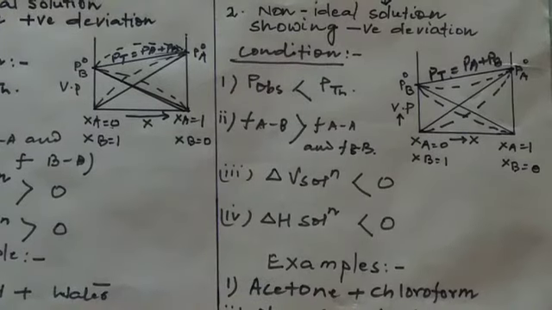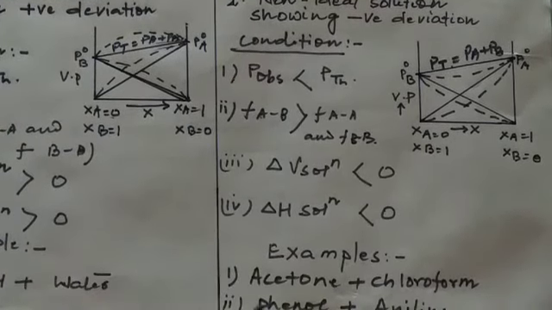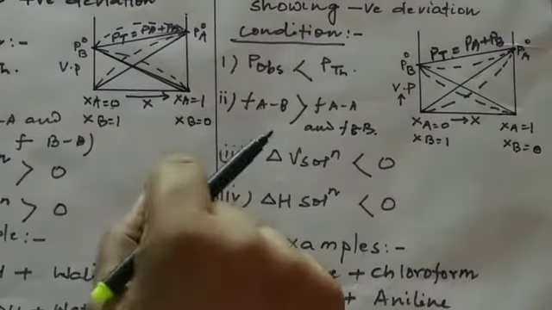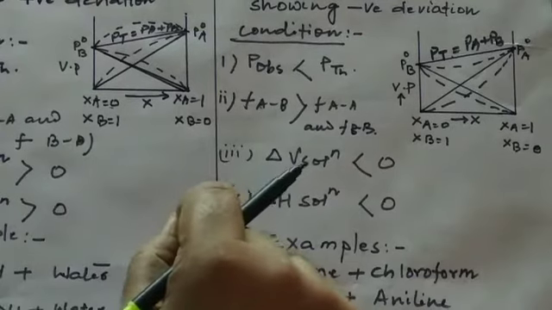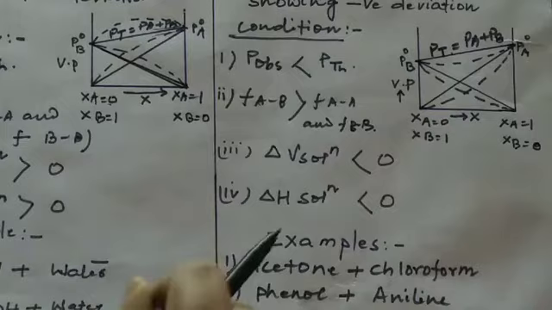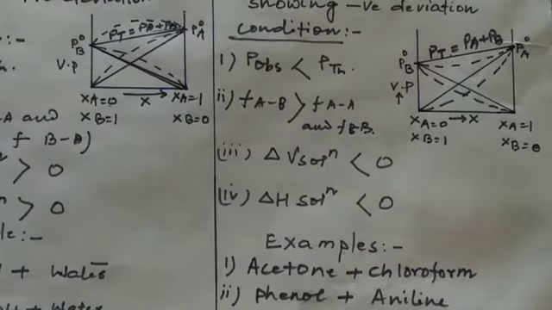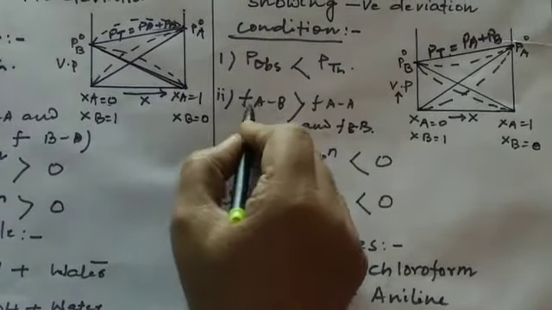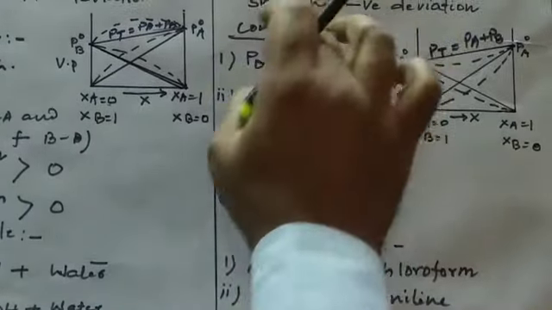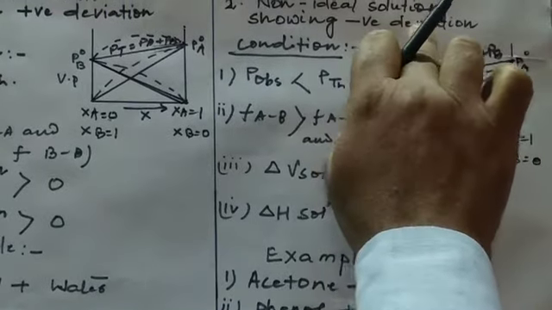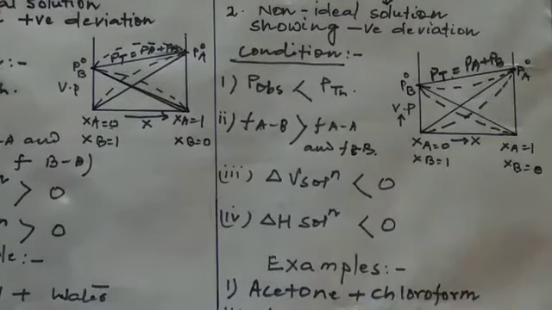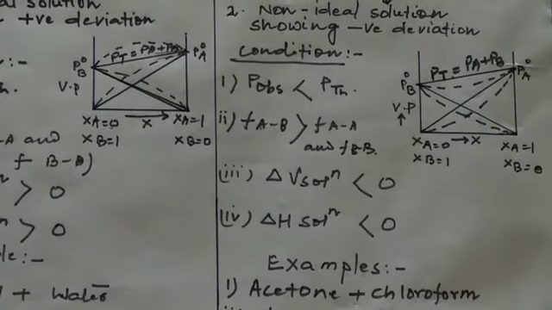On mixing the two liquids, molecules of A and B come closer with respect to molecules in liquid A. That means the distance between AA and the distance between BB is more as compared to the distance between AB. Force of interaction is more. So for a non-ideal solution showing negative deviation, the two components must be loving each other. The two components must be attracting each other, and only such a solution shows the negative deviation.